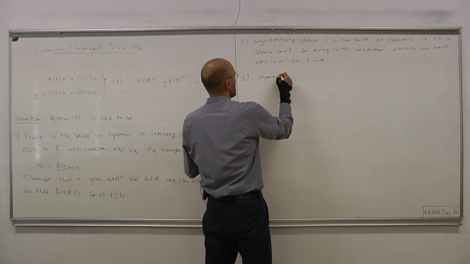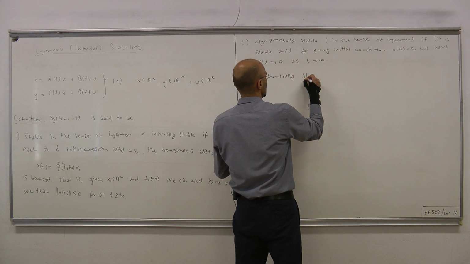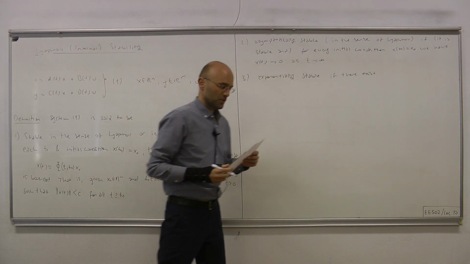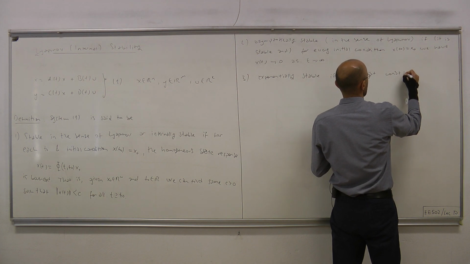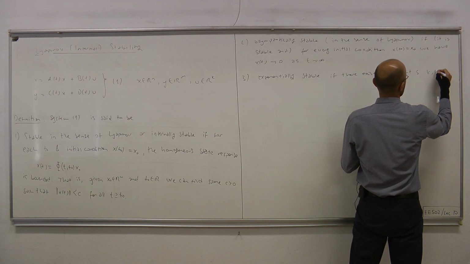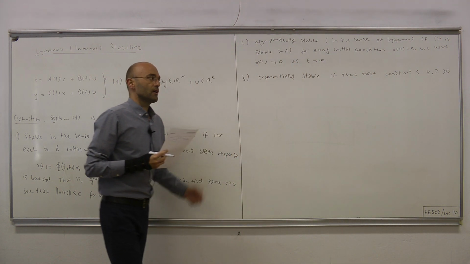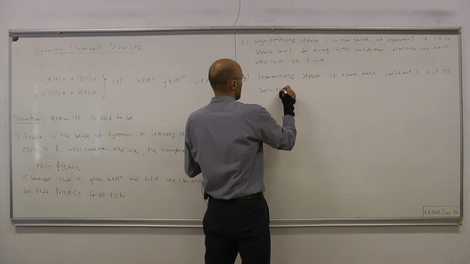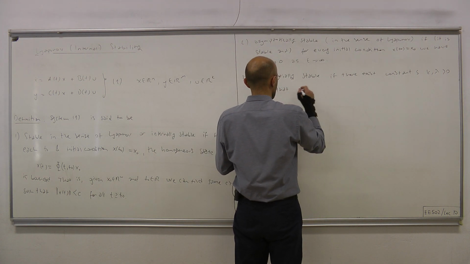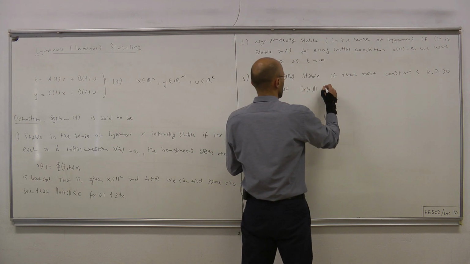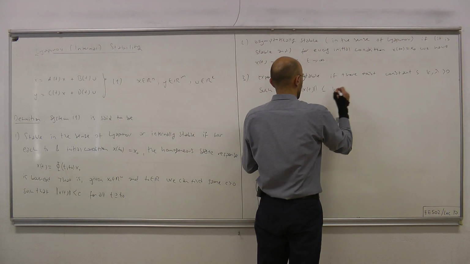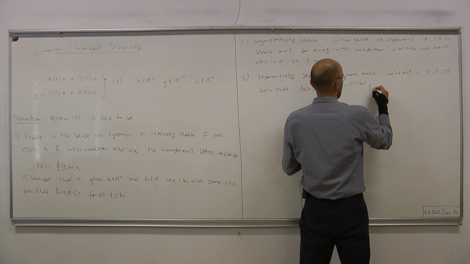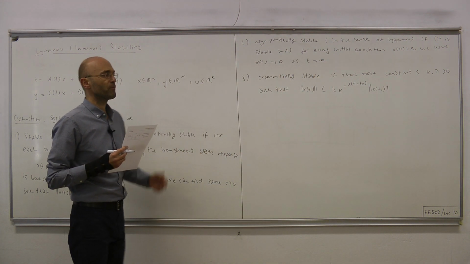The system is said to be exponentially stable if we can find constants k and lambda, one to quantify the overshoot, the other to quantify the decay rate, such that the norm of the solution can always be upper bounded by k times e to the minus lambda (t minus t0) times the initial norm of the state.